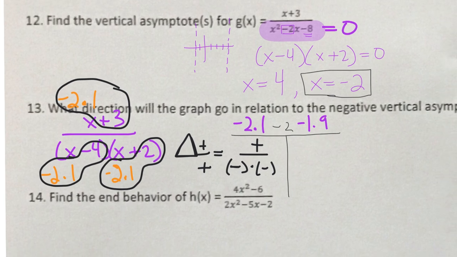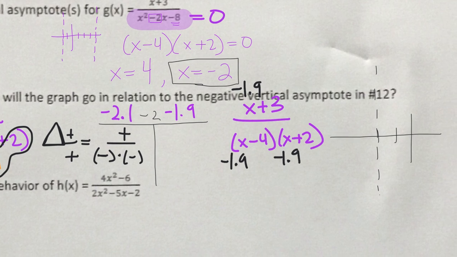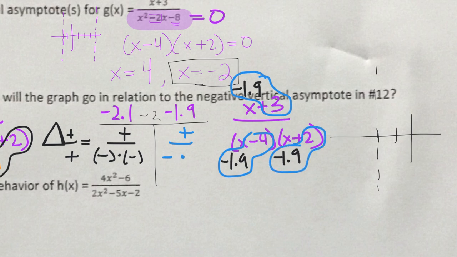Okay, and similarly with the other side of -0.9. When I plug in at -1.9 into these and I evaluate them, -1.9 plus 3, well, that's another positive number. -1.9 minus 4, that's a negative number. And -1.9 plus 2 is a positive number.